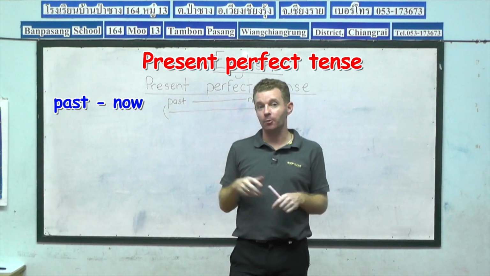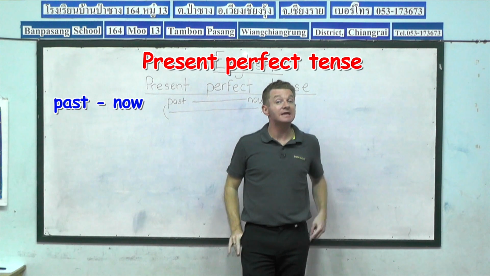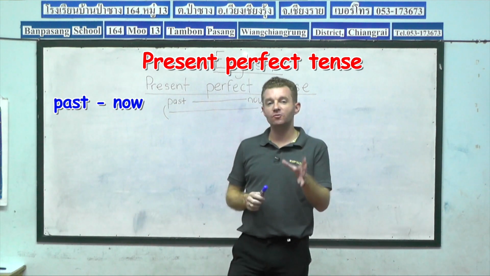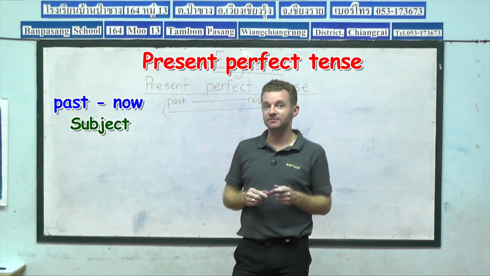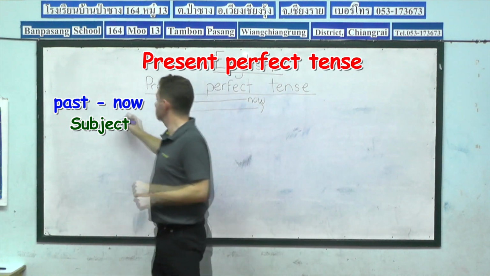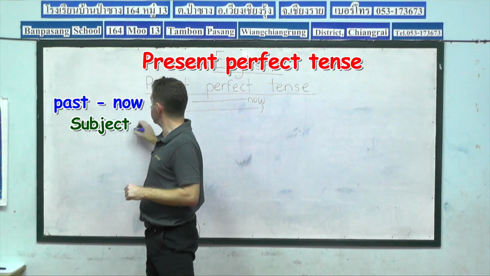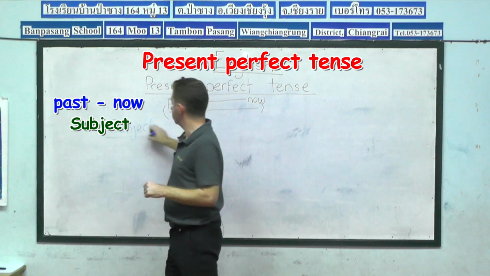And there's a particular sentence structure that we need to use for the present perfect tense when we're talking about positive or affirmative sentences. And I'll show you them now. So the first thing we need, guys, is a subject, S-U-B-J-E-C-T.